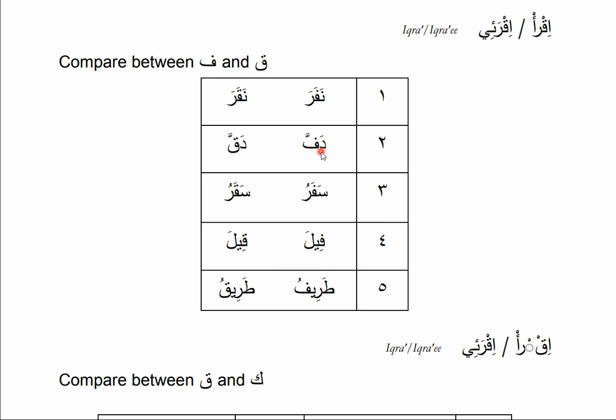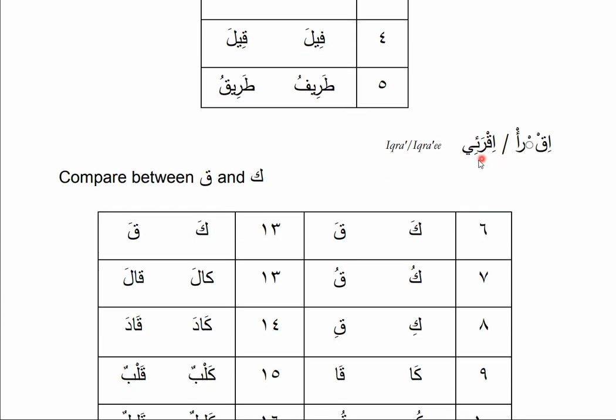In daffa you are using your lips and incisors. Daqqa, what are you using? The deepest part of your tongue and the softest part very near to your epiglottis. And safara, saqara, fila, qila, طريف طريق اقرأ واقرأي.